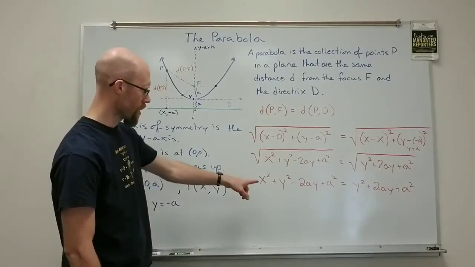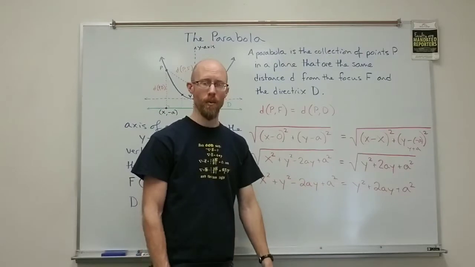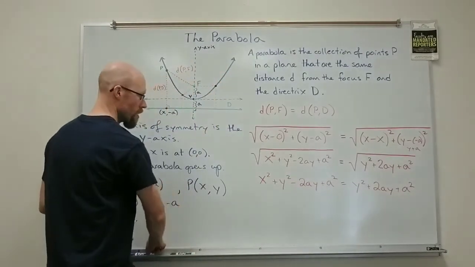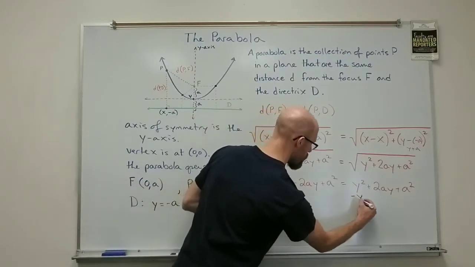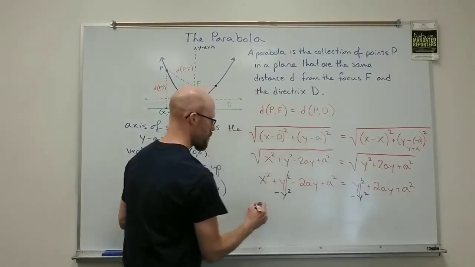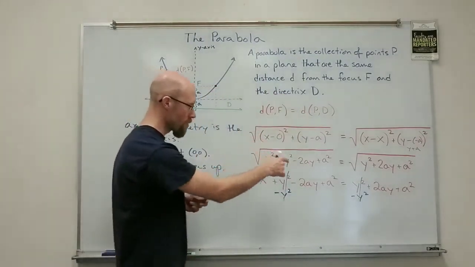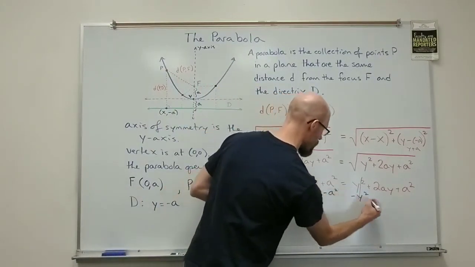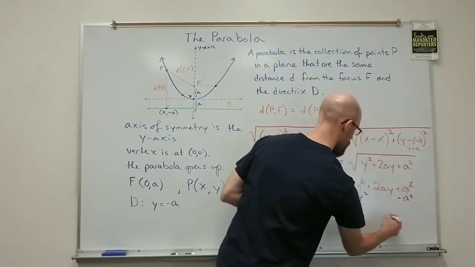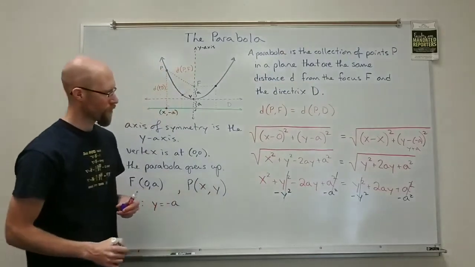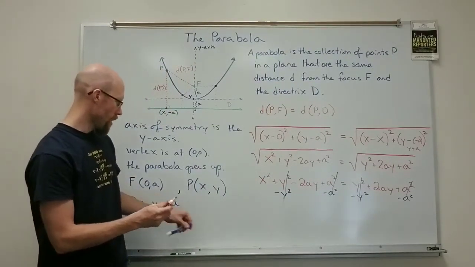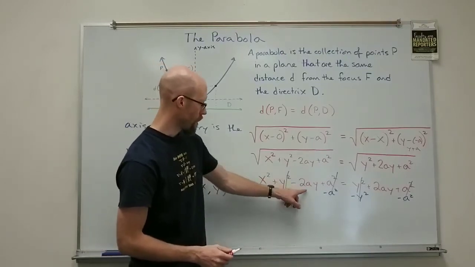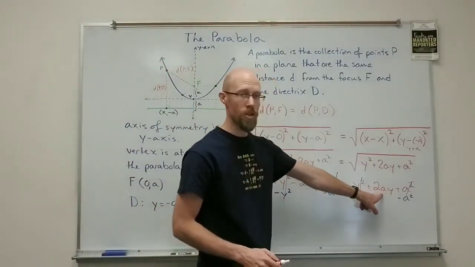First thing I notice is that I've got a y squared on both sides of this equation. I could subtract y squared from both sides, and those will drop off. I can do the same with the a squared. Subtract a squared, those drop off. And then all I have left is x squared, minus 2ay, and plus 2ay.